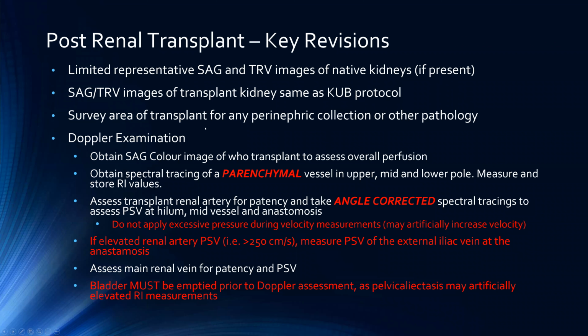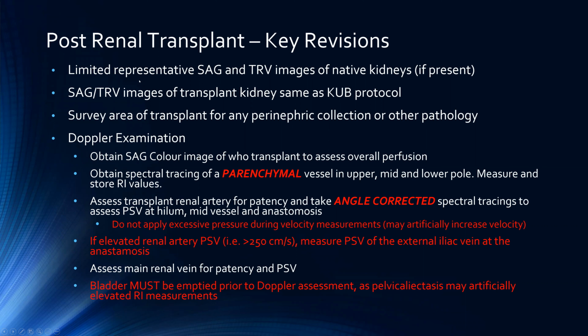So I just wanted to go over the post-renal transplant SOPs as well. This is probably a bit of a more drastic departure from what we do routinely at some of the sites, and includes a little bit more of an extensive Doppler examination than we've routinely done previously.